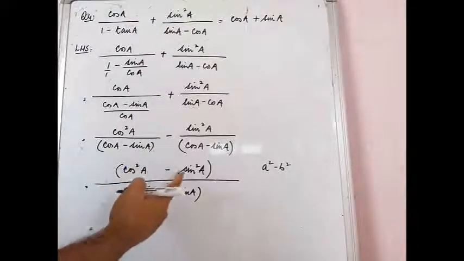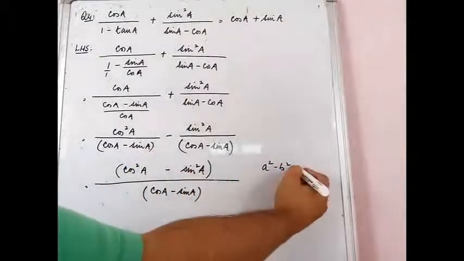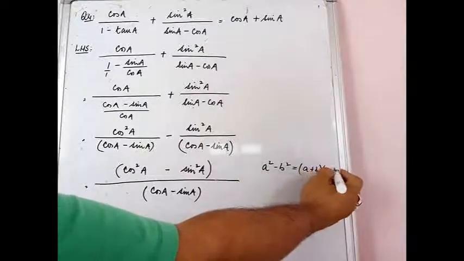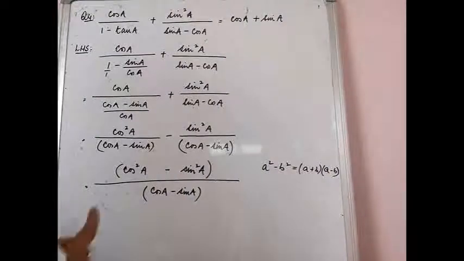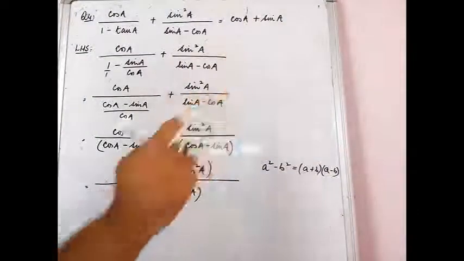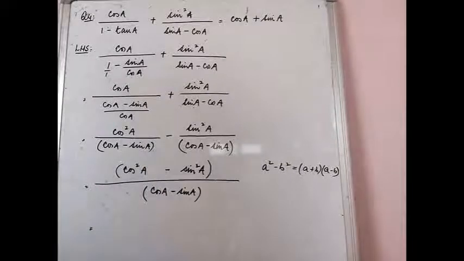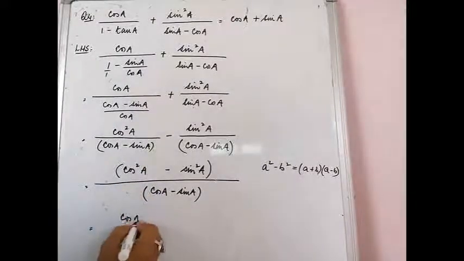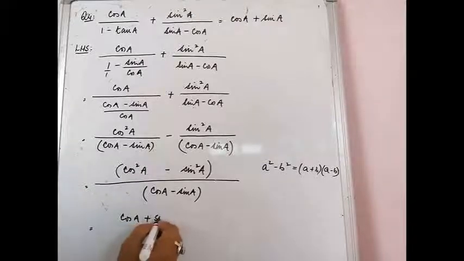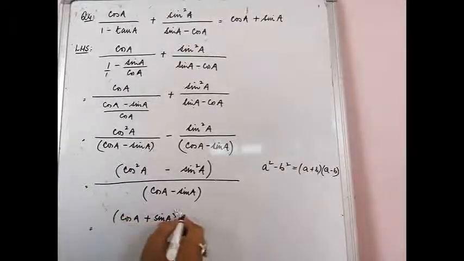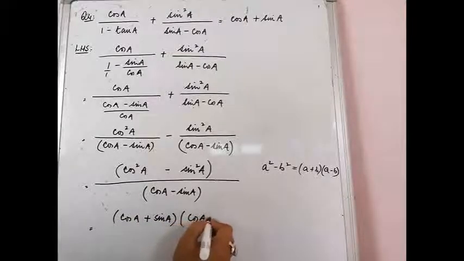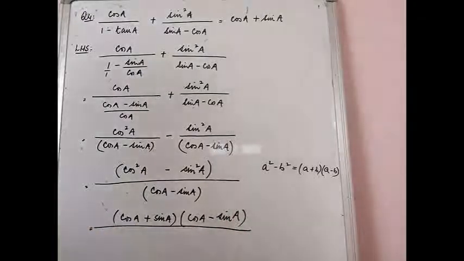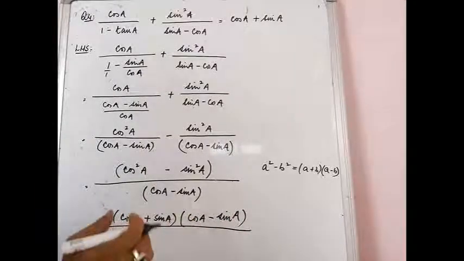Yes, A square minus B square, which can be written as A plus B into A minus B. Using this identity that we learnt in algebra, this portion can be written as A plus B into A minus B.